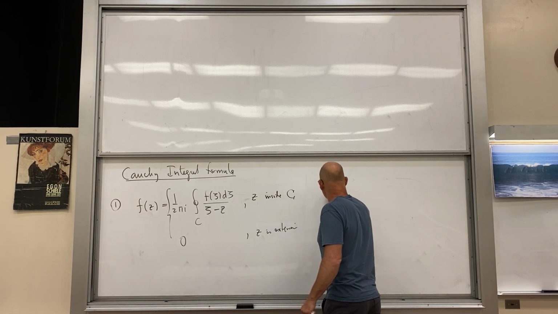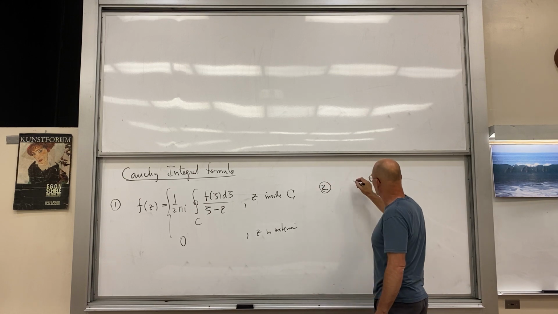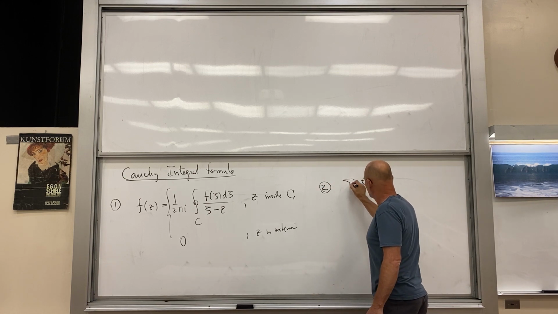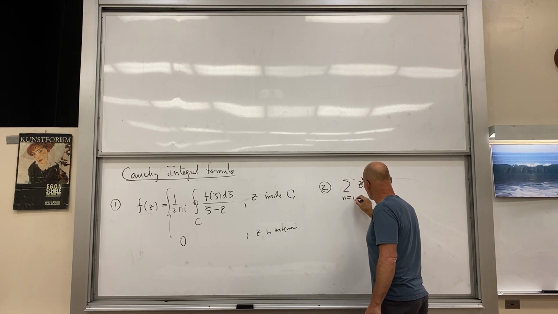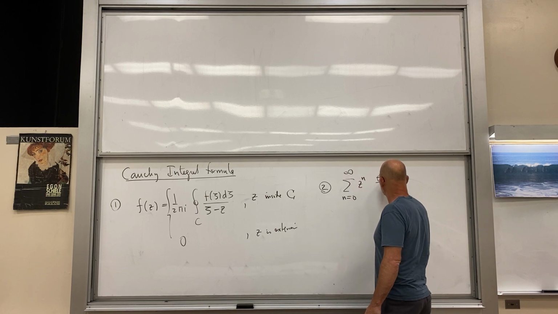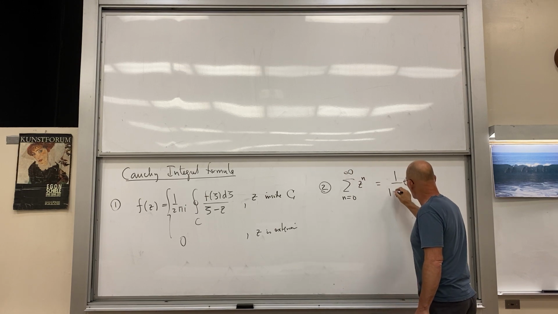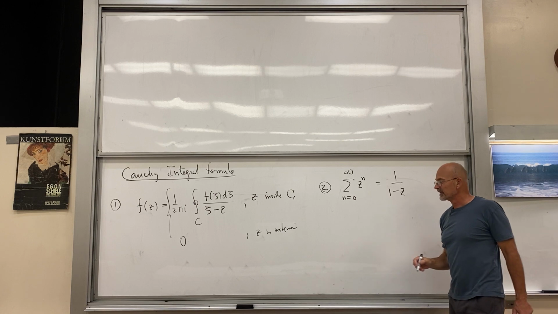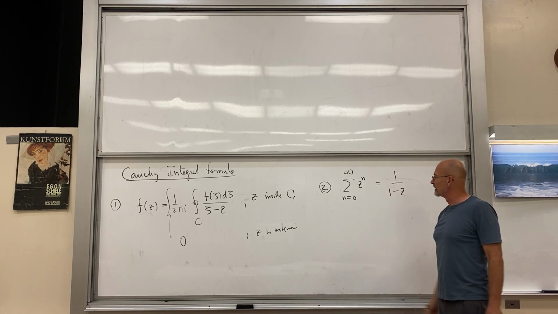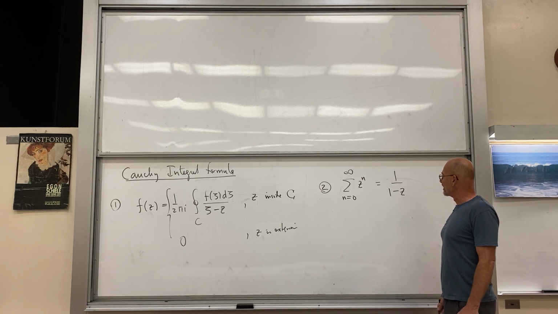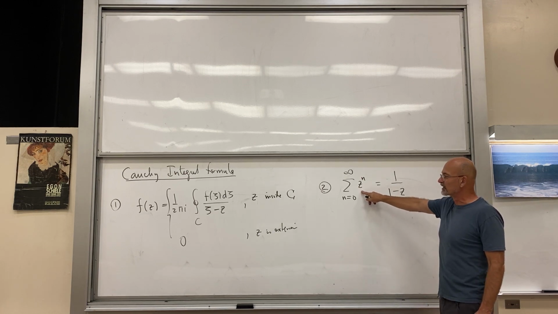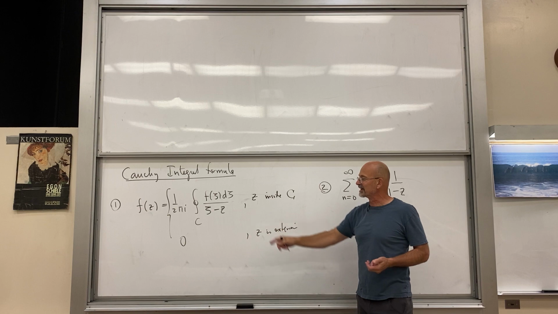Second thing is a well-known series, the sum over z to the n, n equals 0 to infinity, is equal to 1 over 1 minus z. So we need a proof of this for complex numbers before we take Taylor series, because we don't have the Taylor expansion yet.